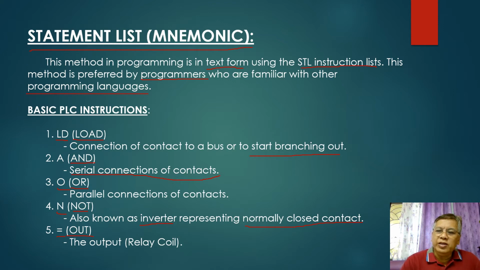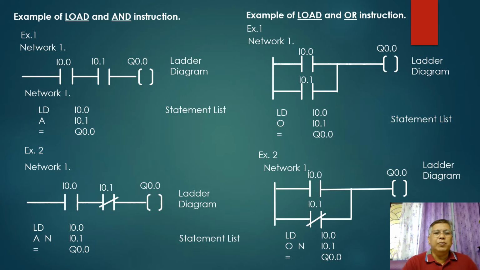Let's have some basic examples on how to make use of these basic PLC instructions. Here is an example of load and AND instructions. We have here network 1, a ladder diagram representing a particular system.